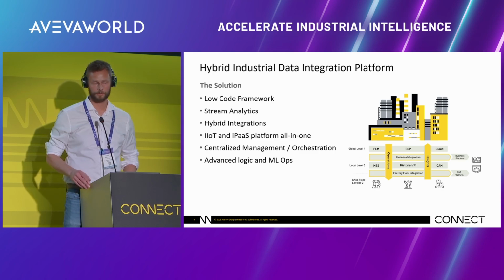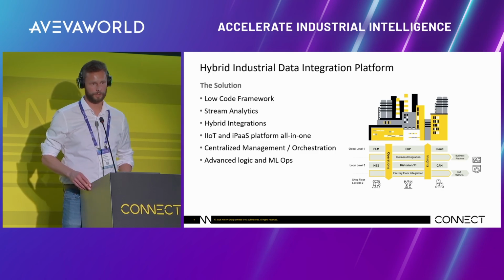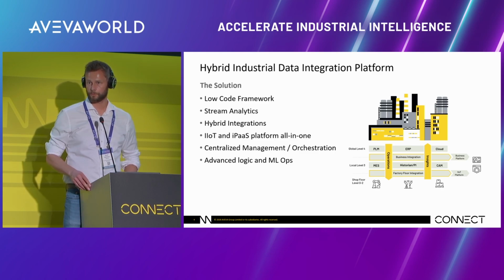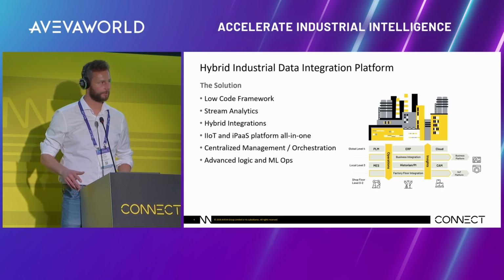And in most cases, these systems do not talk to each other, or with very limited capabilities. So our tool can be used to build integrations between those systems, starting down from the shop floor, connecting to sensors, PLCs, up to the level 3 systems, MES systems, PI systems, historians, and also building integrations towards cloud-based applications, SAP, ERP systems, other cloud vendors, as well as Connect, obviously.